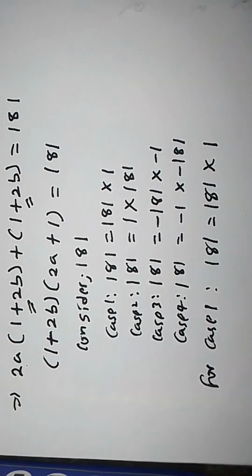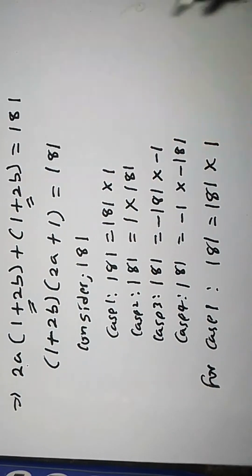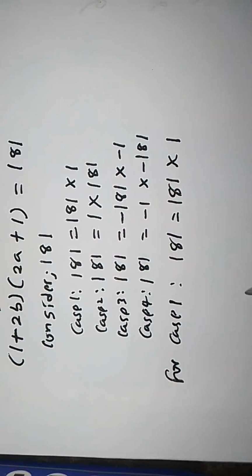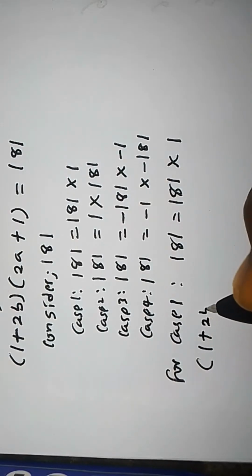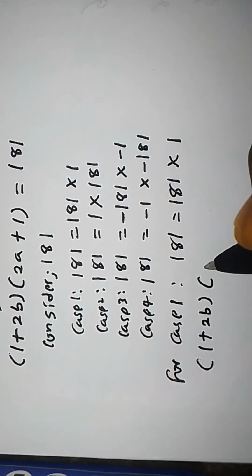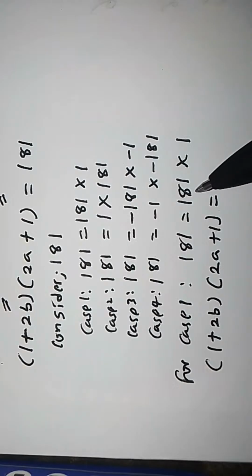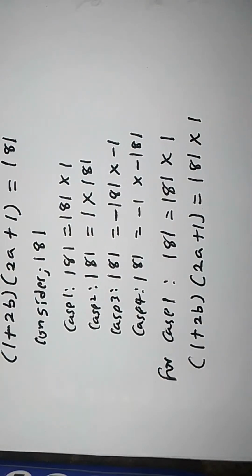That means we will replace the right hand side 181 with 181 times 1. Doing that, we have (1 plus 2b) times (2a plus 1) equal to 181 times 1.